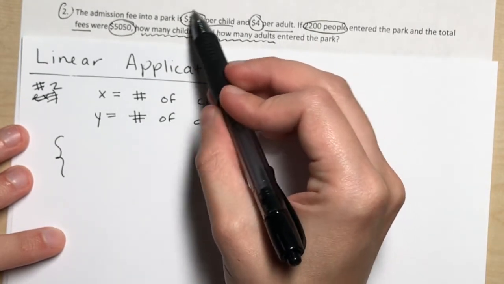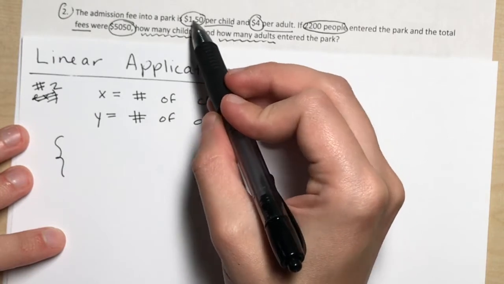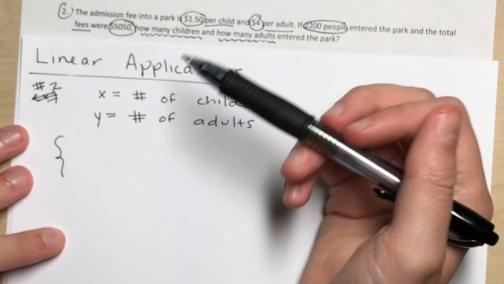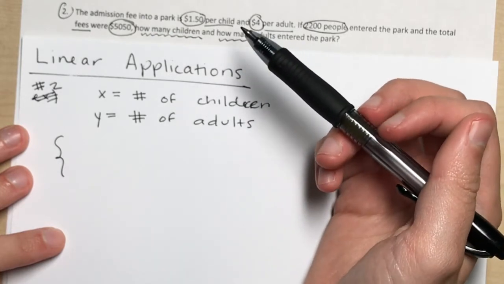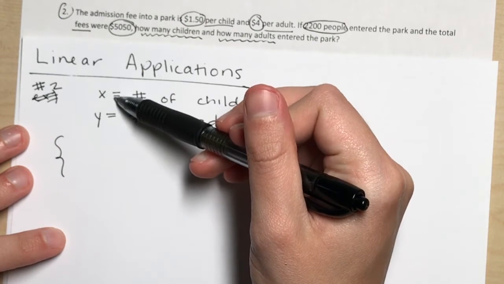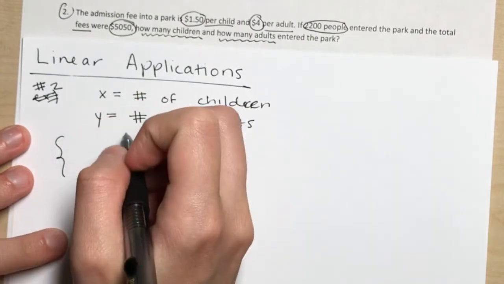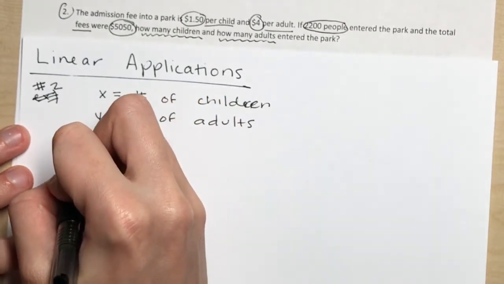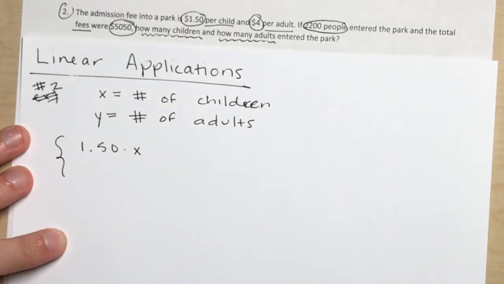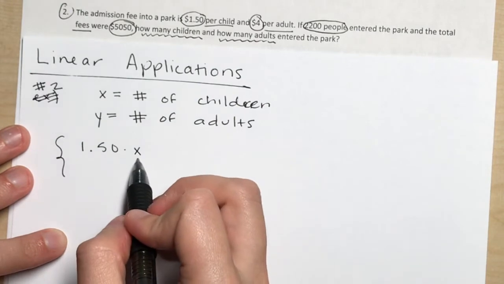The amount paid for all of the children is going to be $1.50 for every child. How many children are there? We don't know, but we're representing that by X. So the total amount paid for children is $1.50 times X.